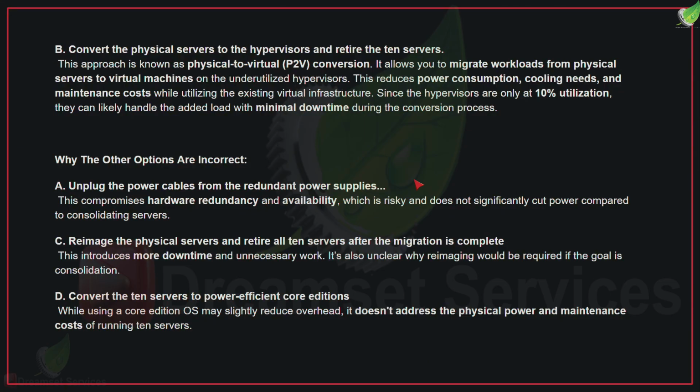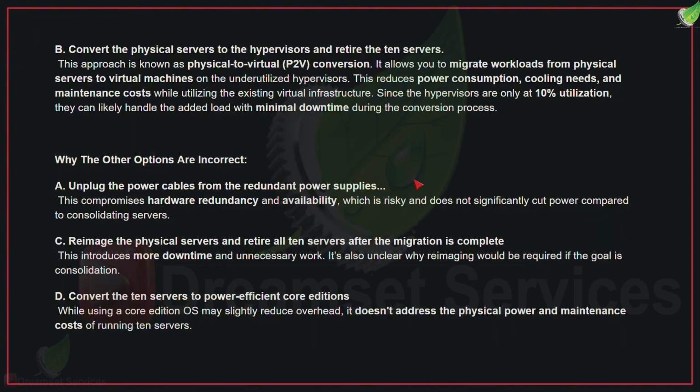C. Re-image the physical servers and retire all 10 servers after the migration is complete. This introduces more downtime and unnecessary work. It's also unclear why re-imaging would be required if the goal is consolidation.